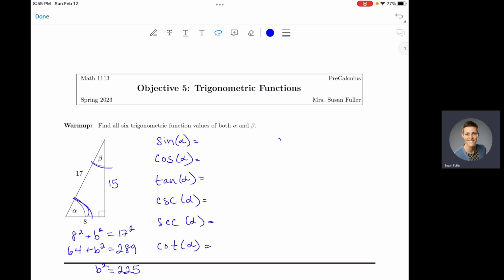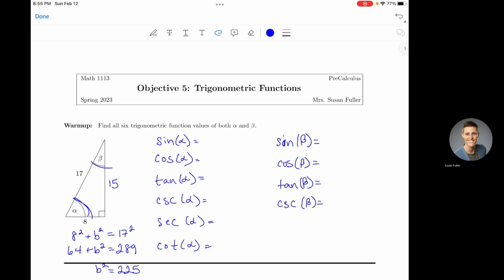And then we'll do each of these for beta as well: the sine of beta, the cosine of beta, the tangent of beta, the cosecant of beta, the secant of beta, and the cotangent of beta.